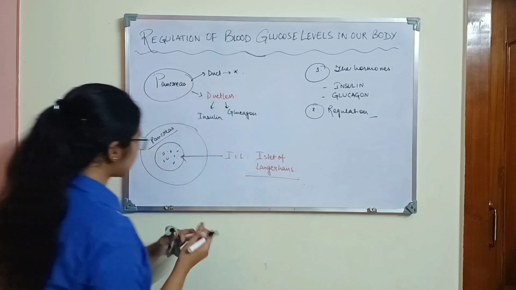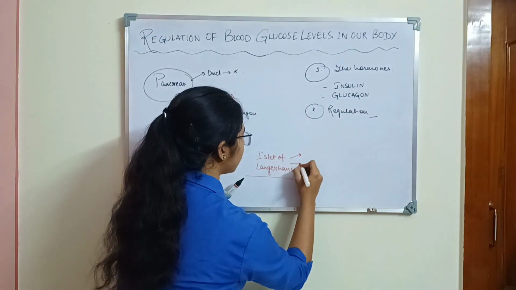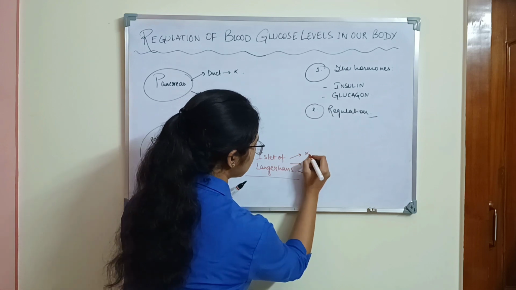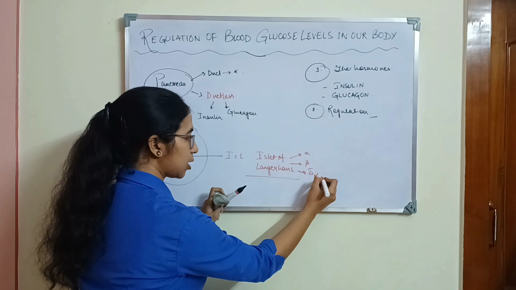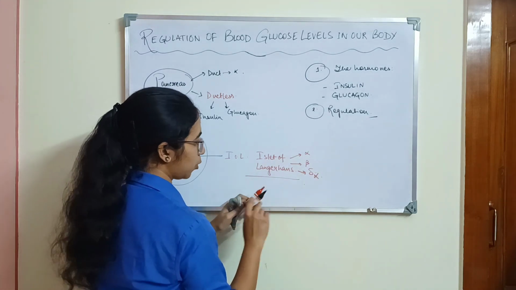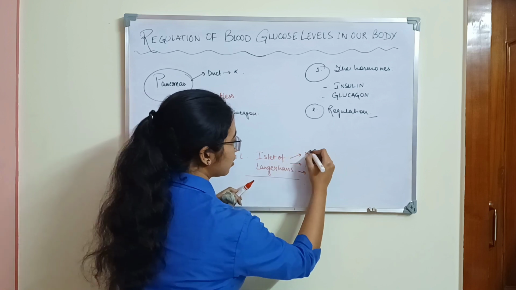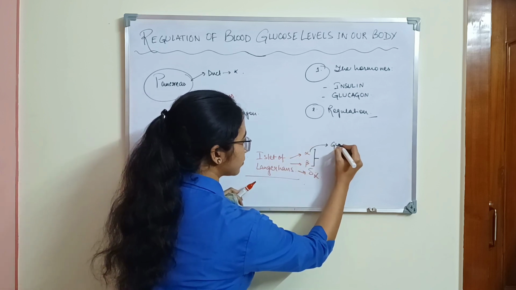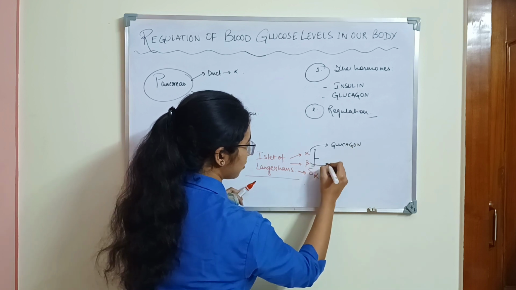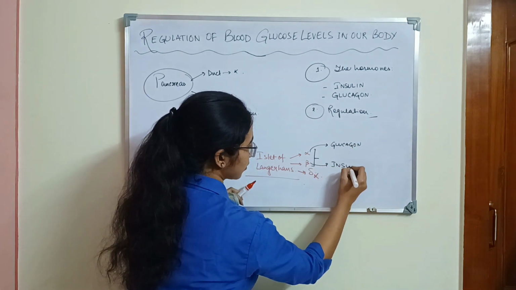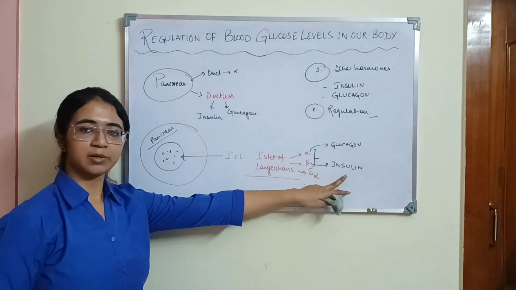This group has three kinds of cells, alpha, beta and delta. Delta is not in our syllabus at the moment in class 10, so we won't study that. We are only considering alpha and beta. Alpha secretes glucagon and beta secretes insulin.